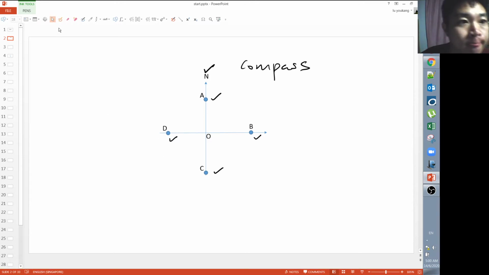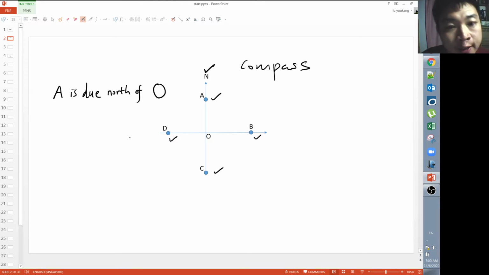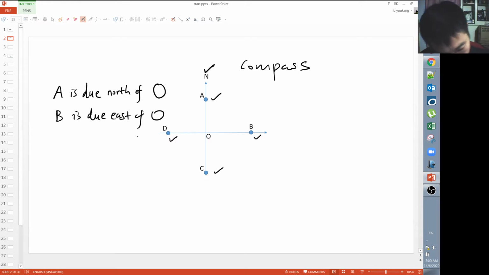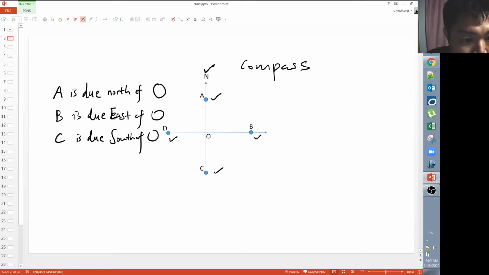We can say our point A is due north of point O. Similarly, this point B is due east of O. And similarly, this point C is due south of O. Let me use the capital letter for this. And last, D is due west of O.